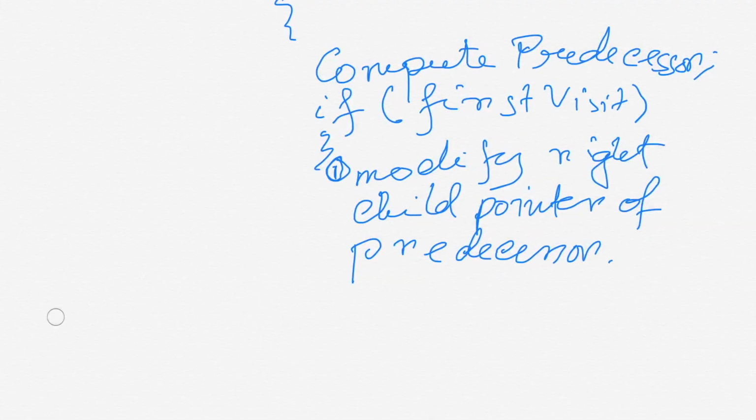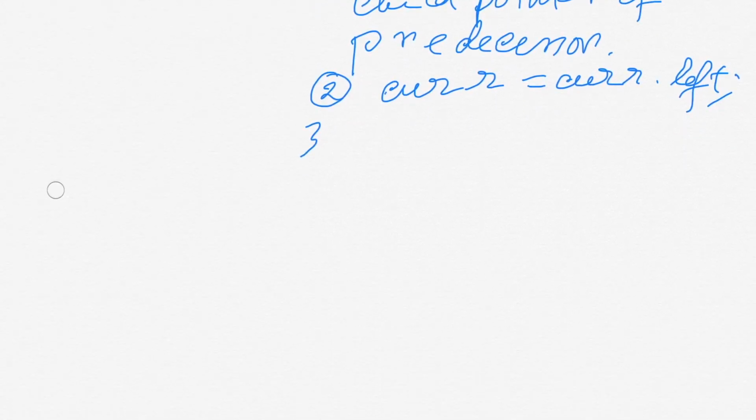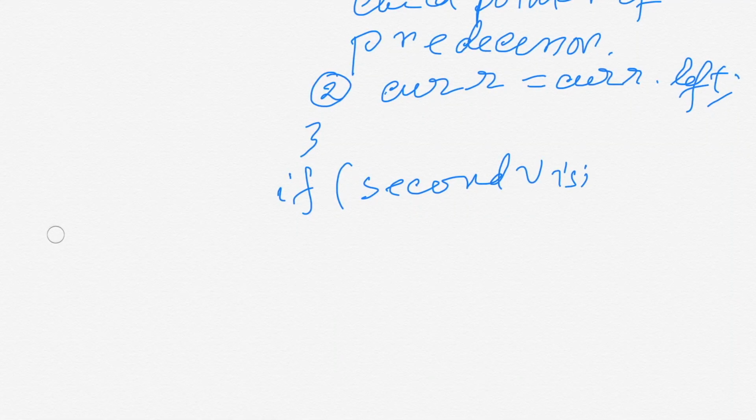So this is one, and second, we just move on to its left child. But if it is the second visit, then as we saw, we need to do a bunch of things here. We need to change a bunch of right child pointers.